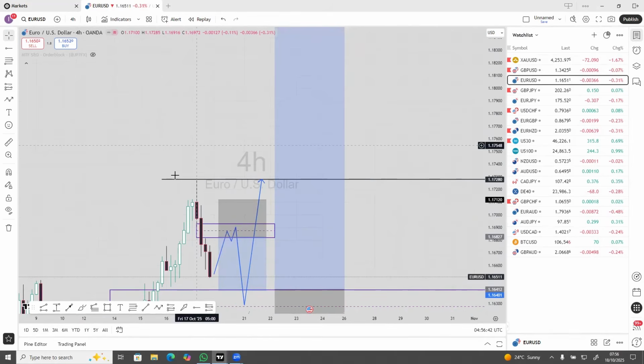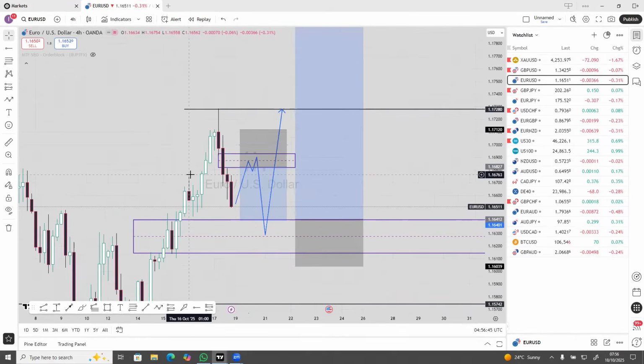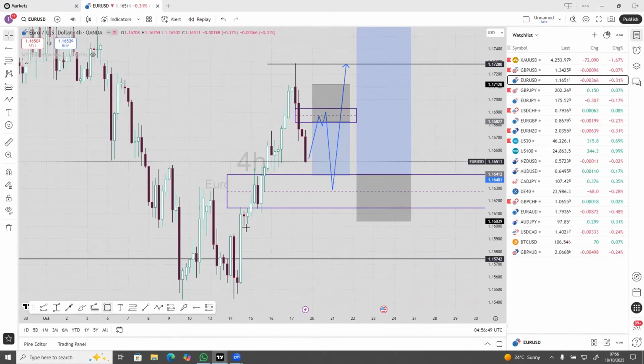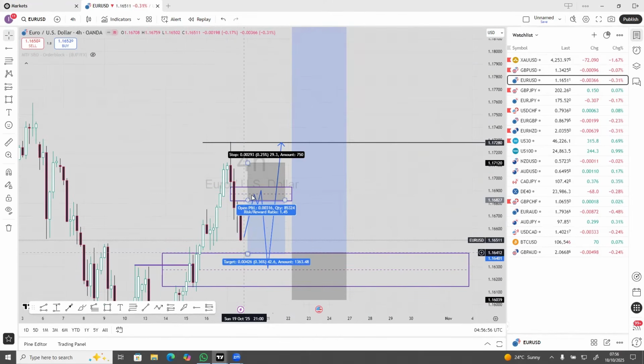Okay, all right, that is Euro USD. Also you can see we have a good market shift over here. I hope you understand Euro USD.